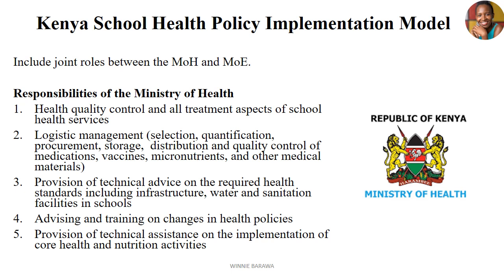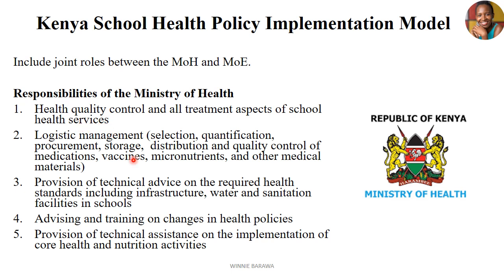So in here we are being told these roles are a joint role between the Ministry of Health and the Ministry of Education. Let's start with the Ministry of Health and see what their roles and responsibilities are. The Ministry of Health has a responsibility of ensuring quality control, and also that all treatment aspects of the school health services are adhered to.